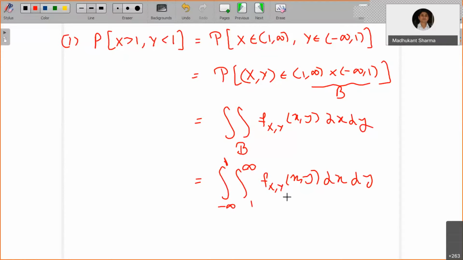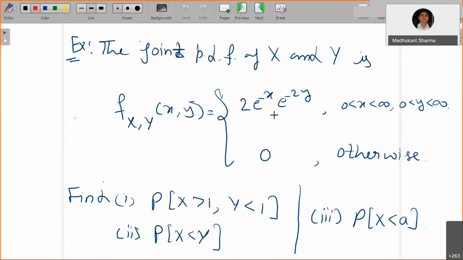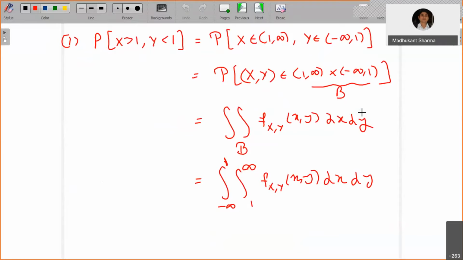Now you fix the definition of this f_{X,Y}, which is given here. It will be 0 whenever any one of them is negative. So break out the interval minus infinity to 0 and 0 to 1.